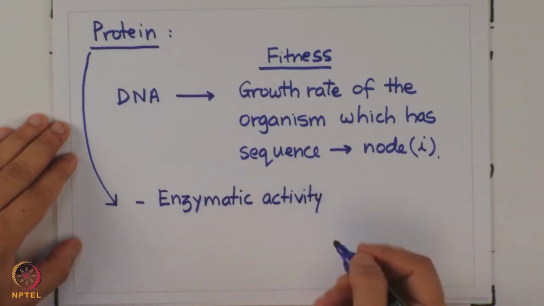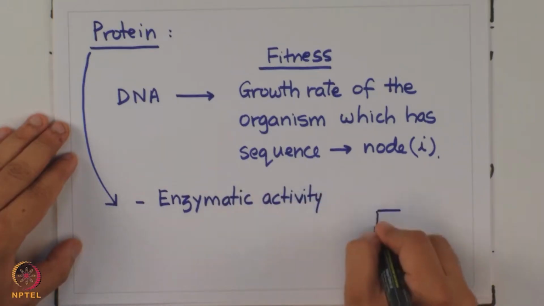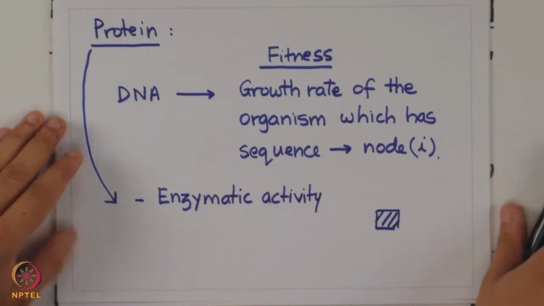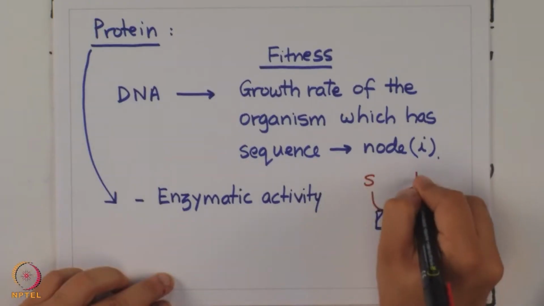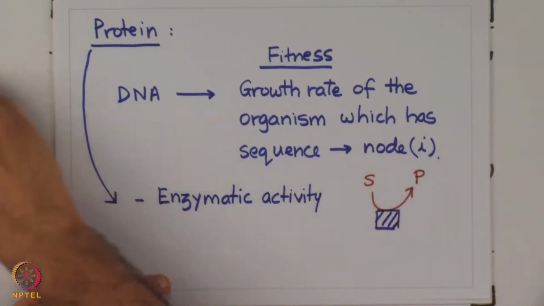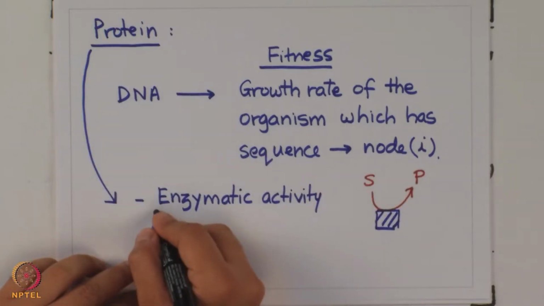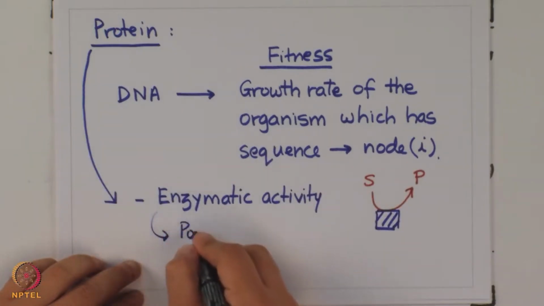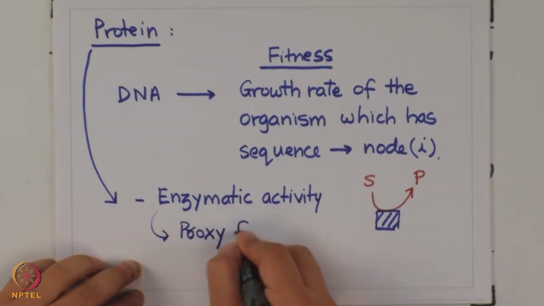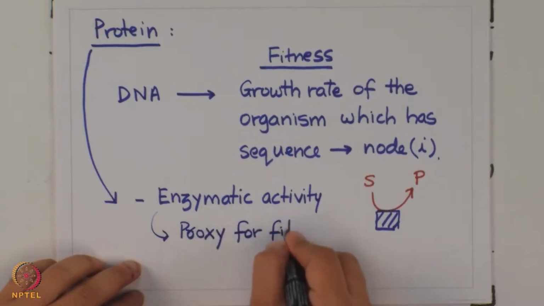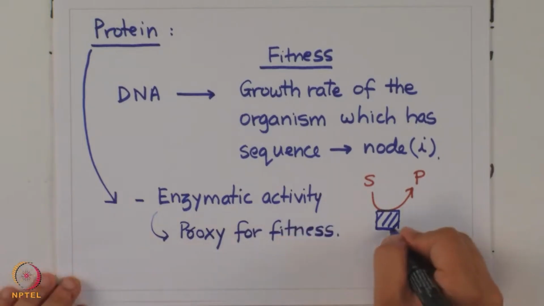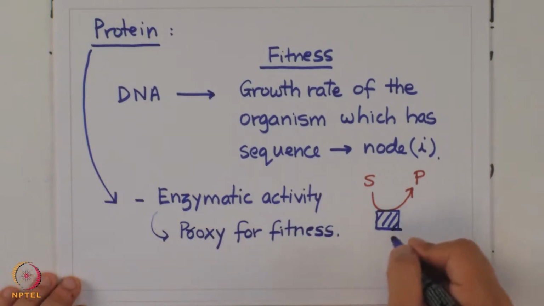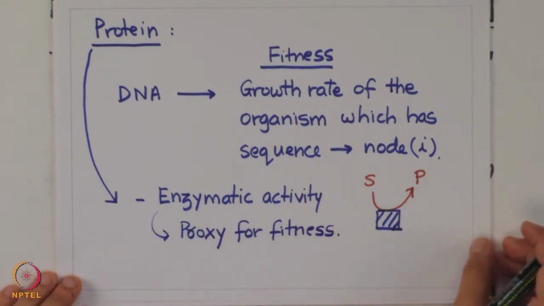So if you have an enzyme E and this catalyzes a reaction going from substrate to product, a proxy for the protein fitness is just the enzymatic activity of a particular sequence of a protein.